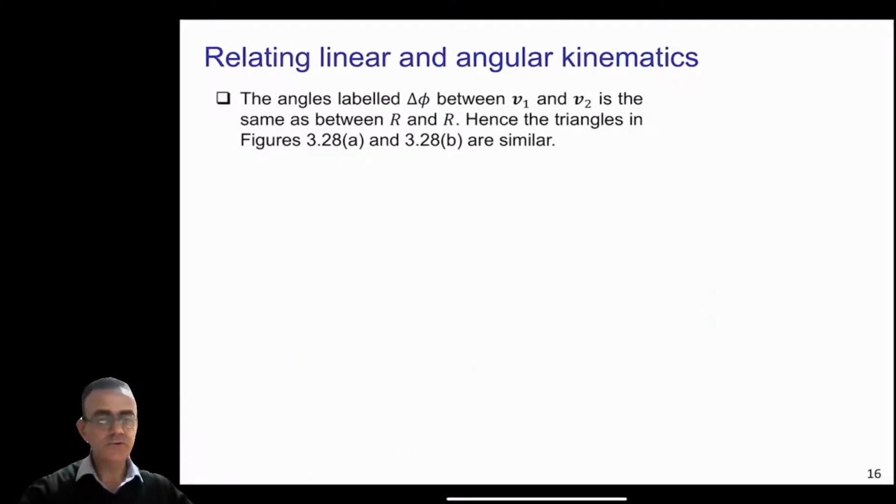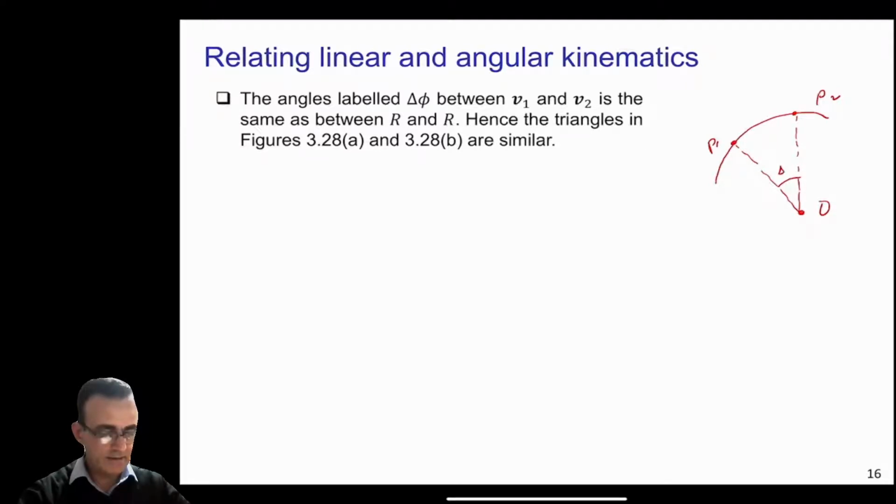So as you can see in this case here, we will just consider that the body is again moving on a circular path. If it is at position P1 initially and then moves to position P2, this is the center of the circle, and this angle is delta phi.